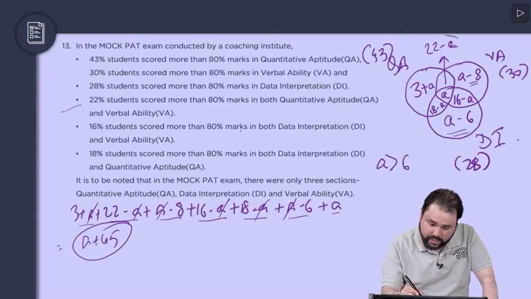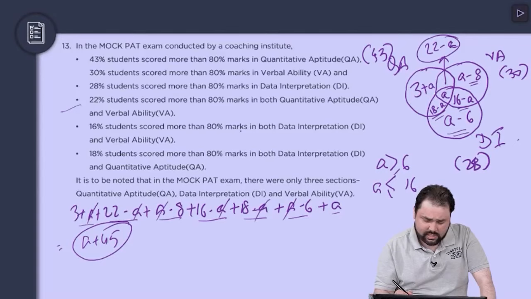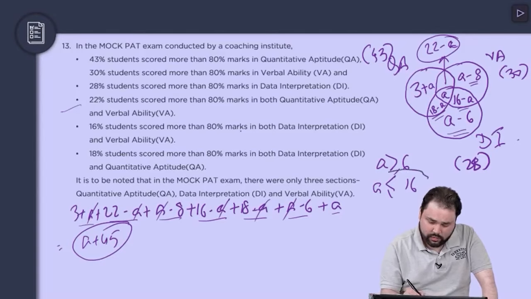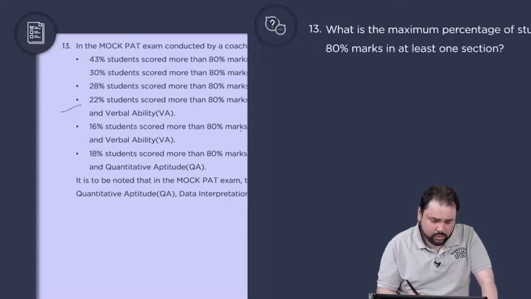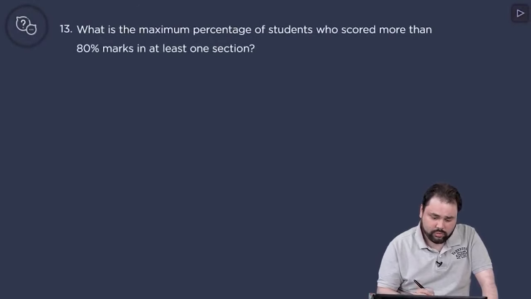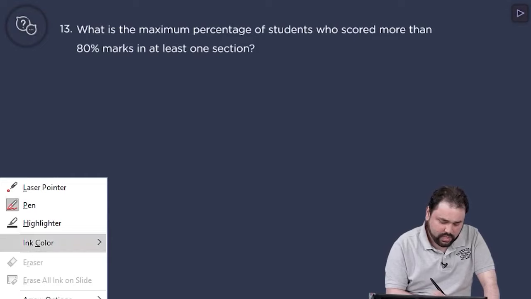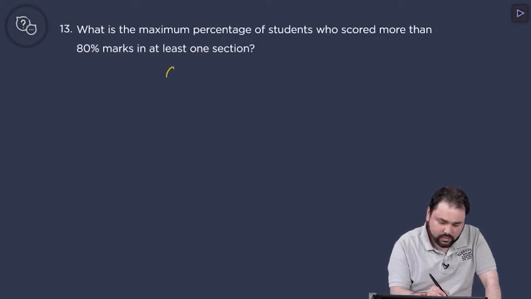Then I have 22 minus A, 18 minus A and 16 minus A. So A has to be less than or equal to 16. So A has to be greater than or equal to 6 and less than or equal to 16. Maximum possible value of A is 16. So 45 plus 16, 61. So the maximum percentage of students who scored more than 80% will be 61.